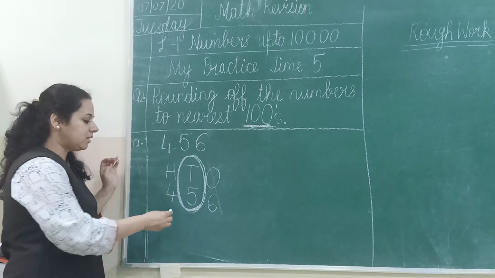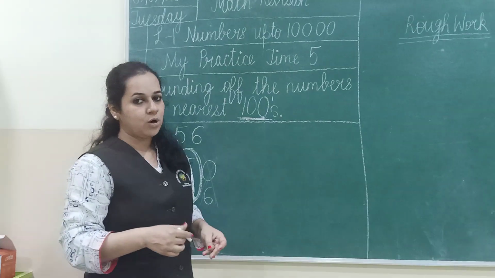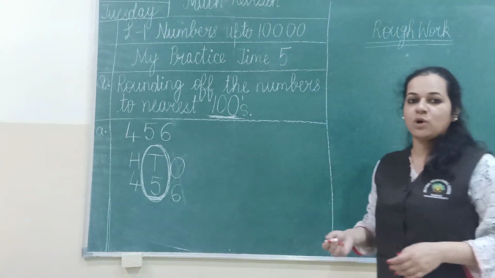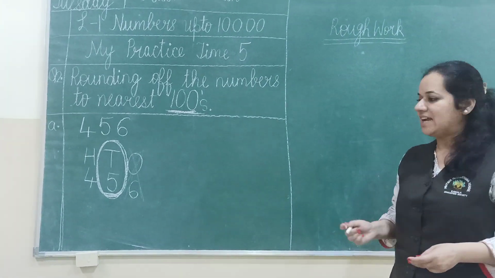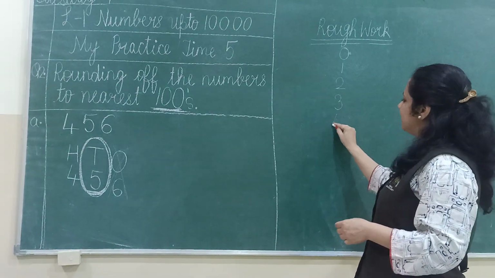We will see if the number in the tens place is less than 5 or bigger than 5. It is smaller than 5 or it is bigger than 5. So write the numbers in your rough paper.